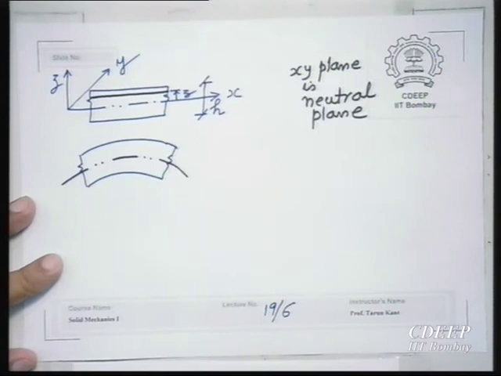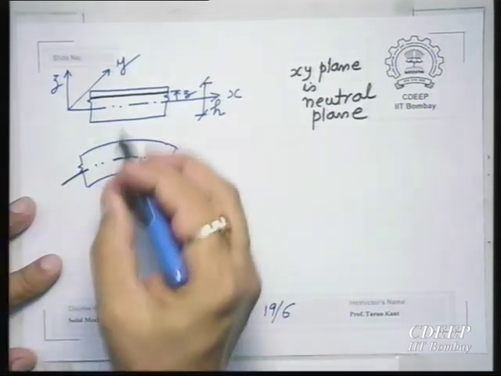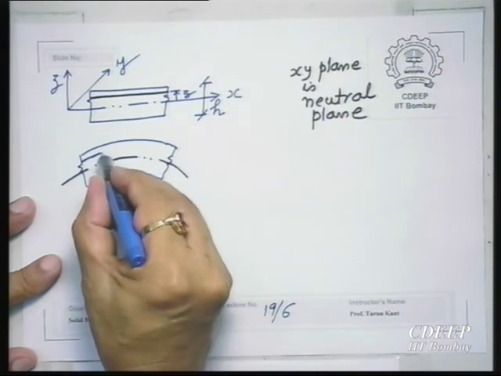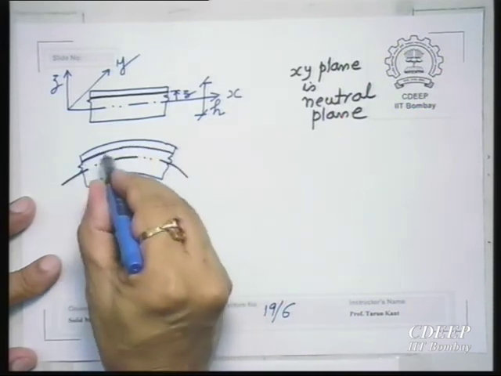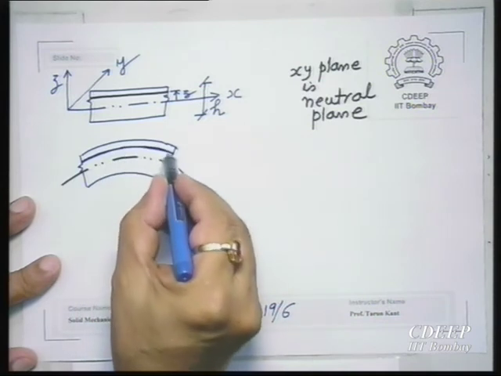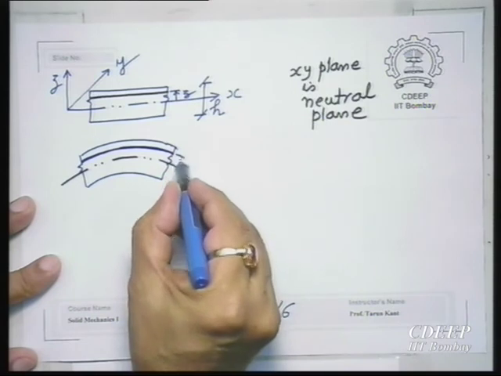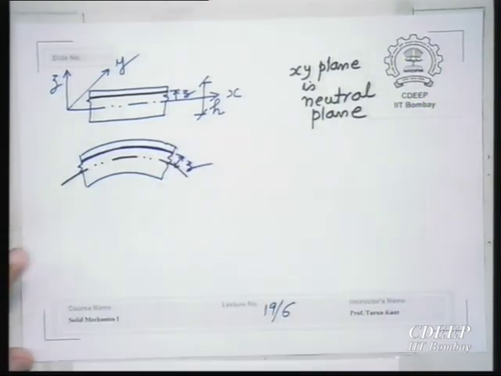All the deformations and deflections are very, very small. So here what will happen? This fiber over here will get stretched, because it is at a distance z.